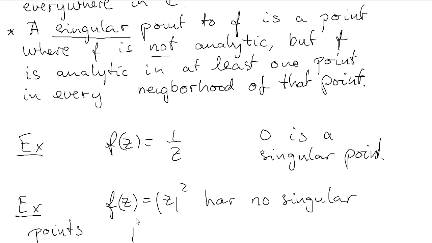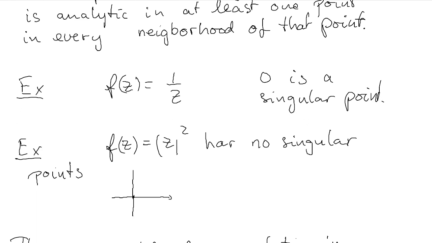The function f of z equal to the absolute value of z square has no singular points. And the reason for this is that the candidate for being a singular point could be any point, except for z equal to 0.